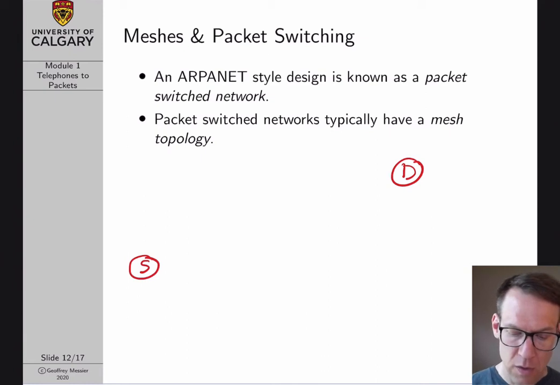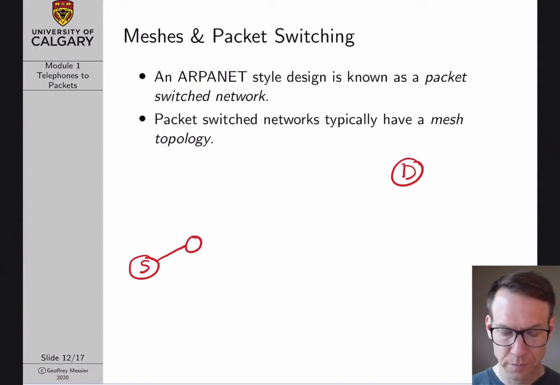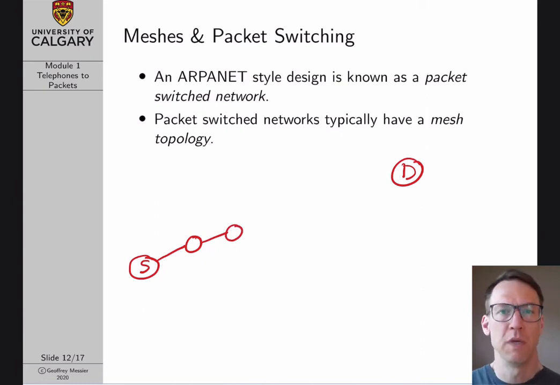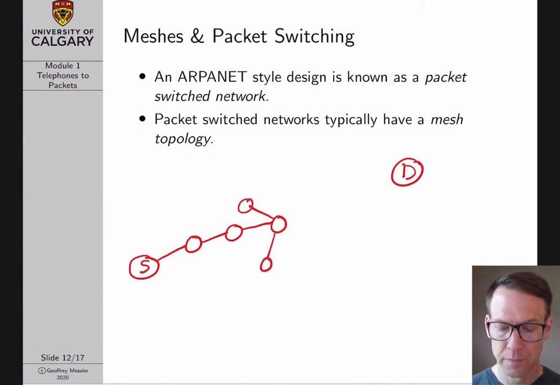And your message may initially go to your Wi-Fi access point. The Wi-Fi access point might then send it to maybe your fiber modem that you have within your home. That might go to a router that is connected to many other fiber modems.